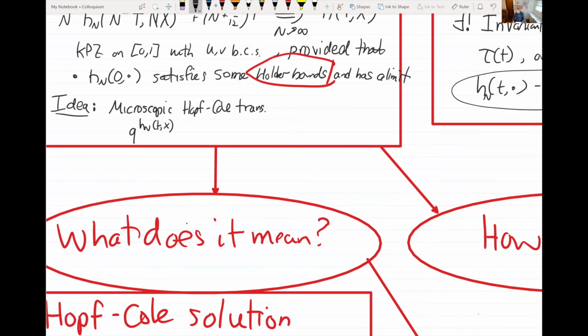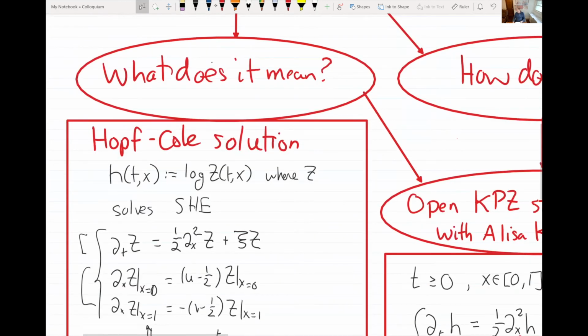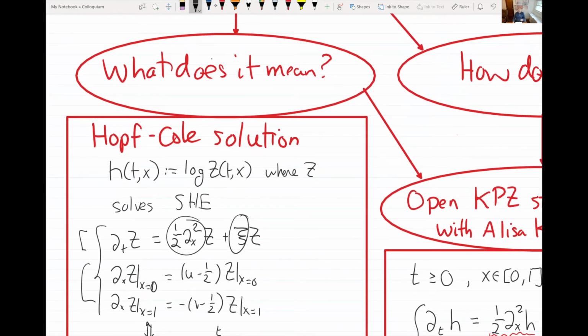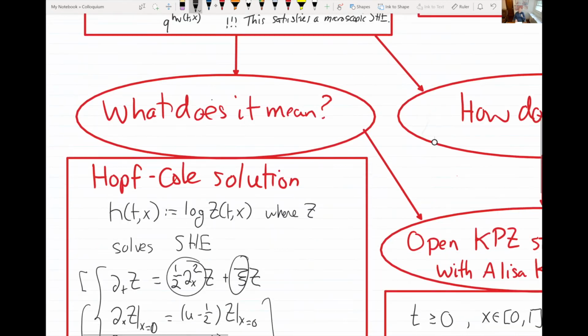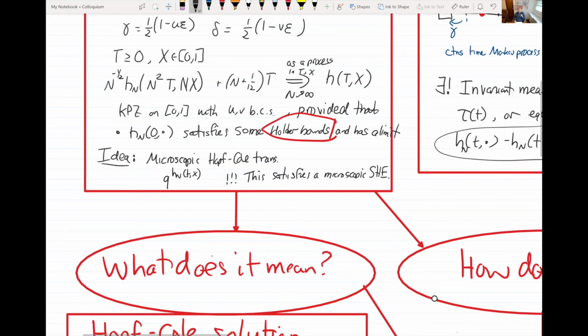And miraculously, here's the miracle, this satisfies a microscopic version of the stochastic heat equation. And this is not an immediate fact. This is something that you can verify, but it's obviously going to be a little bit more complicated, but it really satisfies some discrete version of a Laplacian and a rather complicated discrete noise. But it really satisfies exactly the same sort of boundary conditions, just a discretized version, a difference version of these Robin boundary conditions. And so that is the starting point for the asymptotic convergence of this open ASEP to the KPZ equation.